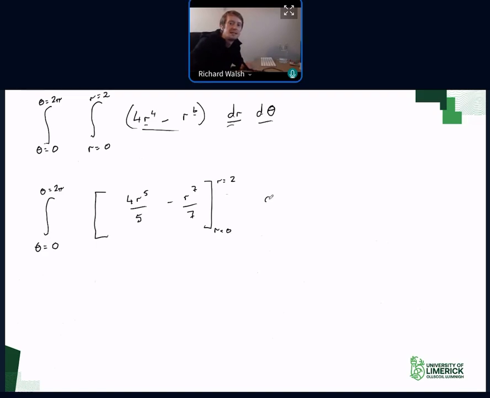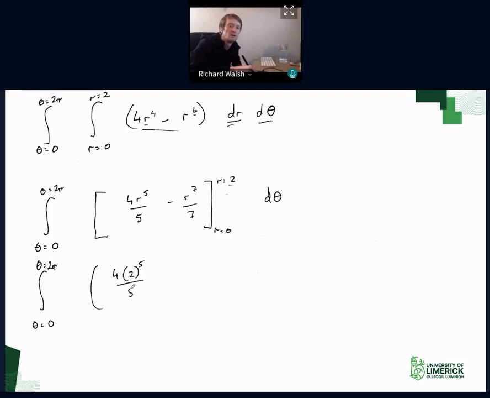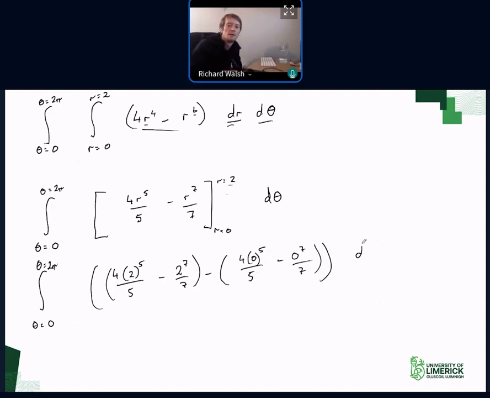Done that one, I still have d theta left. It will be my last integral to do. I know r is equal to 0 up as far as 2. So I'll sub in my upper limit minus my lower limit. The integration done for it, so substitute in my limits. 4 times the upper limit of 2, minus the lower limit of 0, and d theta.